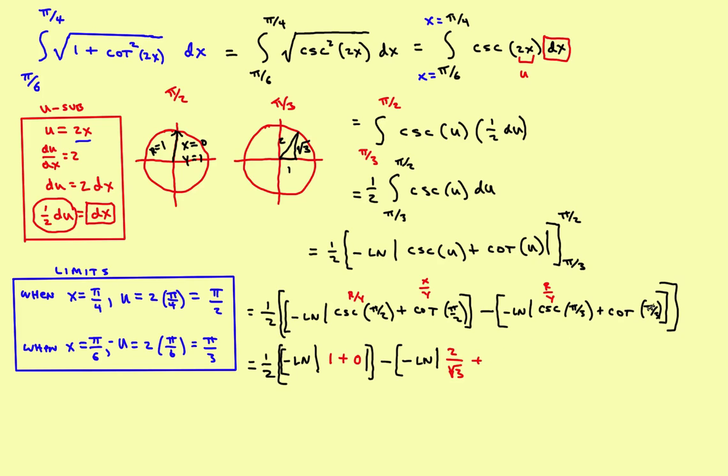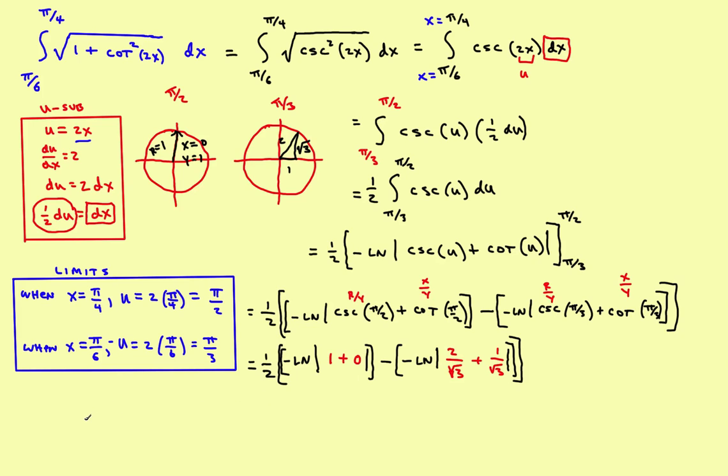Now, the cotangent would be x over y. So again, look at this picture. X over y would be 1 over the square root of 3. So you've got 1 over square root of 3. A lot of times the trickiest part is just turning the trig stuff into its actual numbers. So it looks like that.